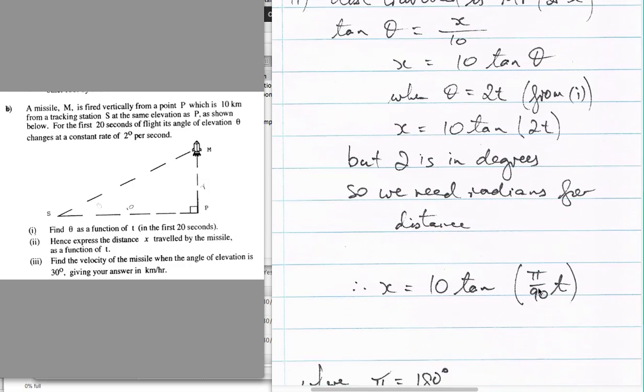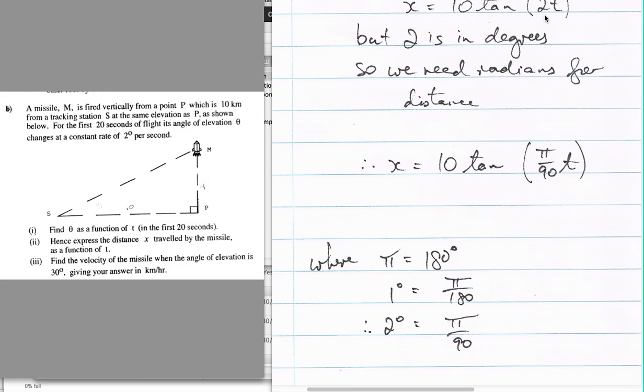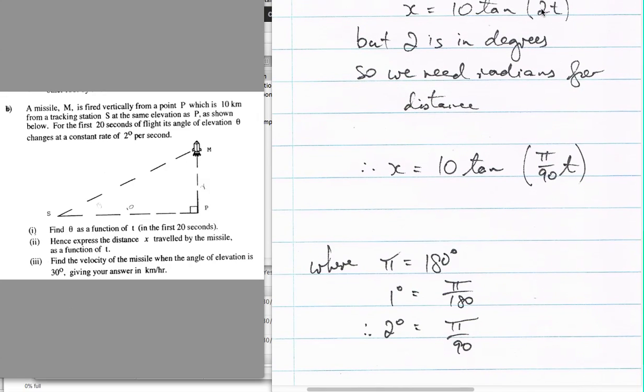Just by conversion, pi radians is 180 degrees, 1 degree is pi on 180, so 2 degrees is pi on 90. So our expression, because it's really invalid to leave it as 2 degrees, since 2 degrees doesn't measure distance, we put it in terms of distance. x is 10 tan of that, and that is the full answer for part 2.